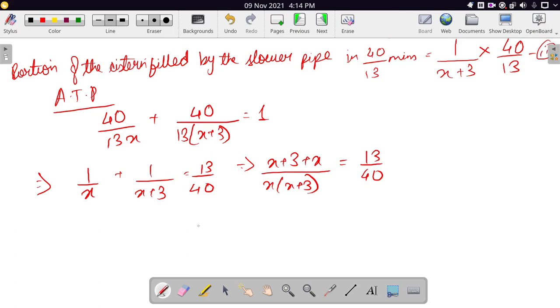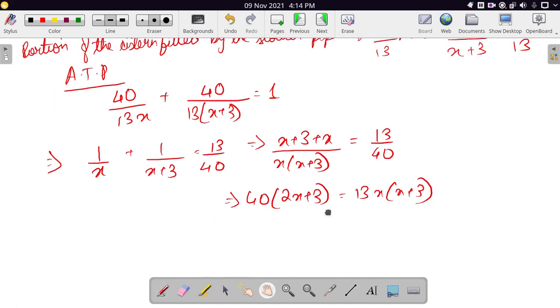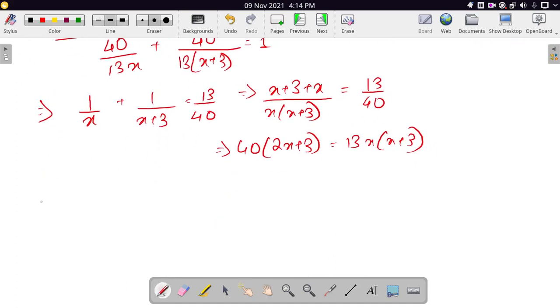Now the next portion, 40 into 2x plus 3 is equal to 13x into x plus 3. When you write the entire equation, it comes out to be 13x square minus 41x minus 120 is equal to 0.